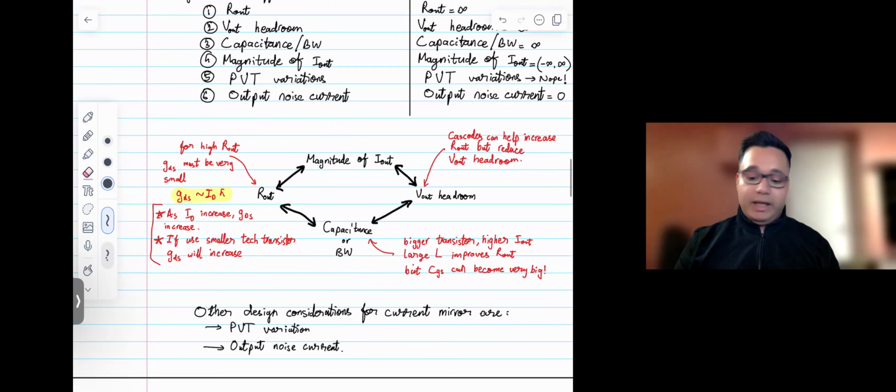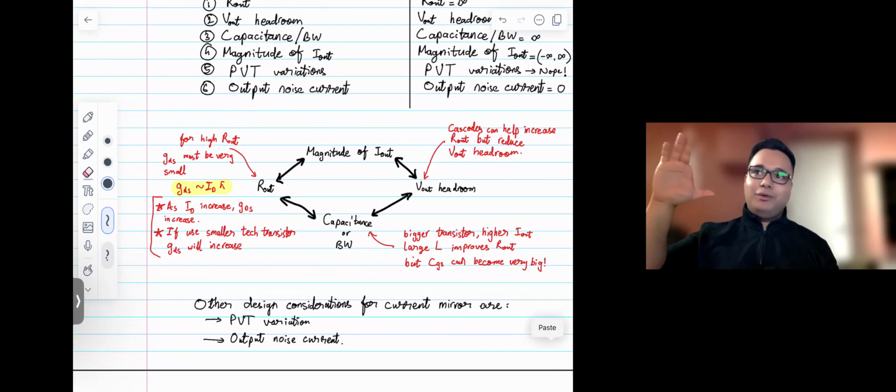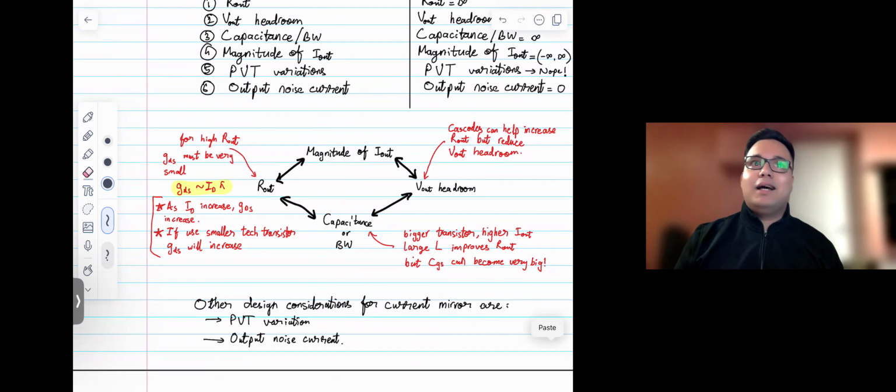It's okay if you don't understand it, but this is just a summary that after you learn about the different current mirror topologies, you could come back to this diagram and see for yourself how these quantities are traded off in different current mirror topologies.